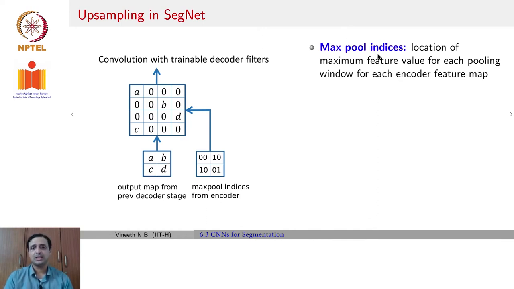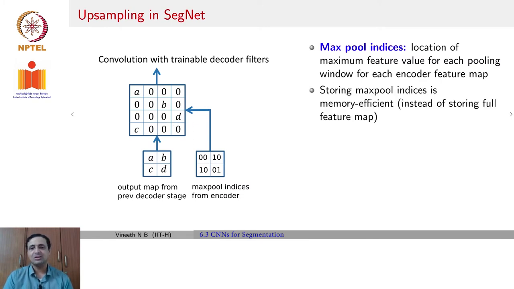What do we mean by max pool indices? In your encoder, whenever you had a pooling layer, you keep track of the indices of which of those entries in a 2x2 patch or a 3x3 patch, depending on what pooling you're doing, were the winners. You store the winning indices in a separate memory buffer, and we're going to use those max pool indices to upsample back to higher resolutions.